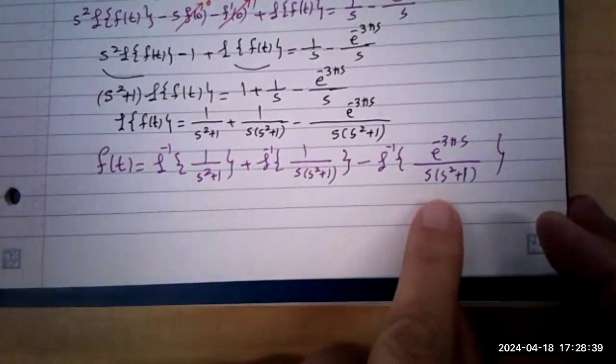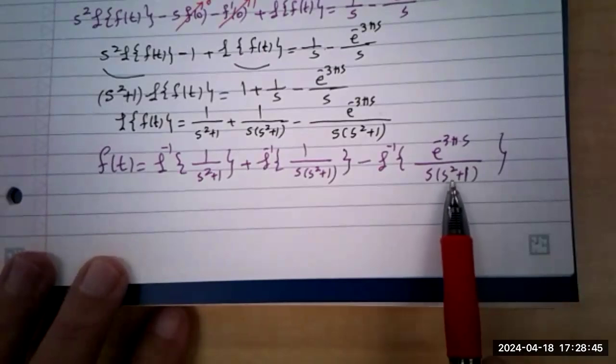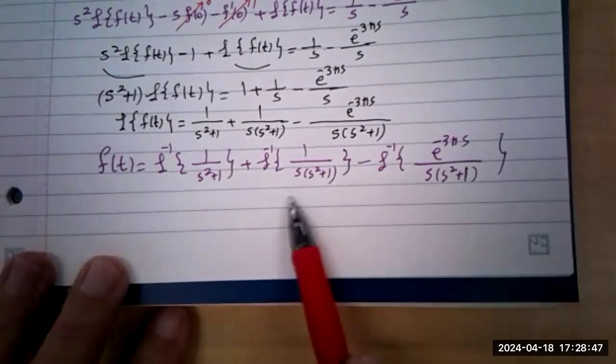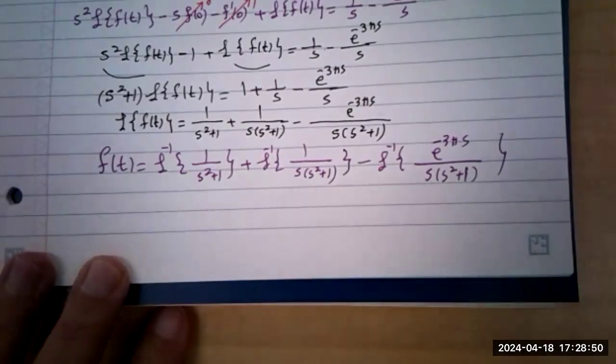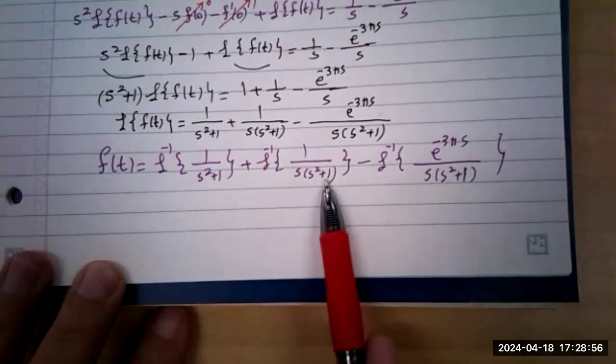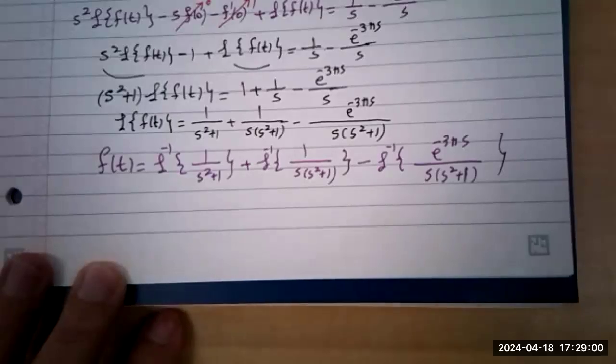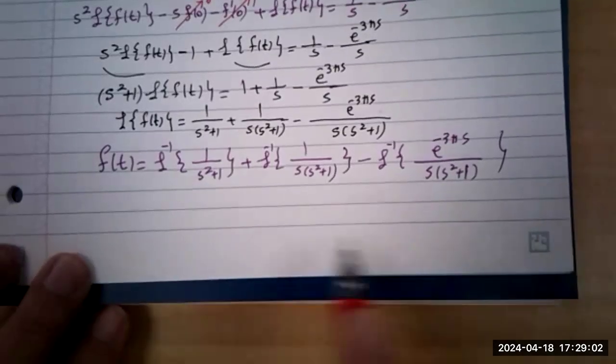This would be u 3 pi t times g of t minus 3 pi, and the g that you have to find is here. Whatever you do over here, just multiply by the step function and replace t by t minus 3 pi. Let's just do it, you will see it in a minute.